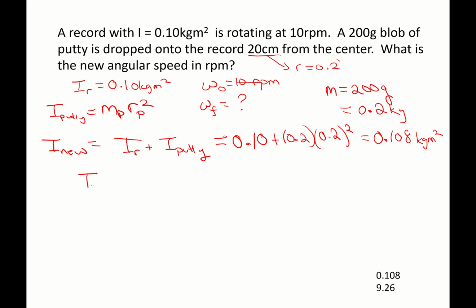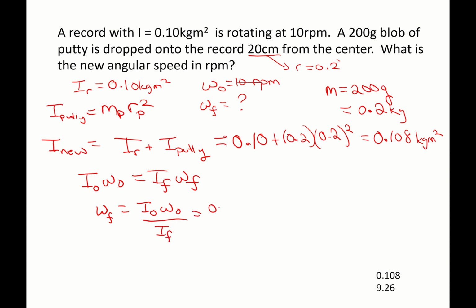So now, I initial omega initial equals I final omega final. The same steps all the time for conservation of angular momentum. I want to find omega final this time. So I'm going to do I0 omega 0 over I final.